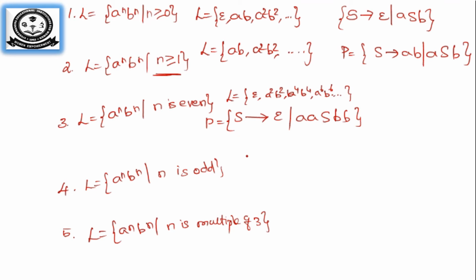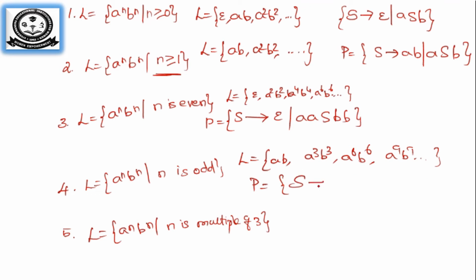Suppose it is odd, then the language will be generated as AB, A cube B cube, then you can have A6 B6, then A9 B9, and it goes on. 0 is not an odd number, so you have to omit it.